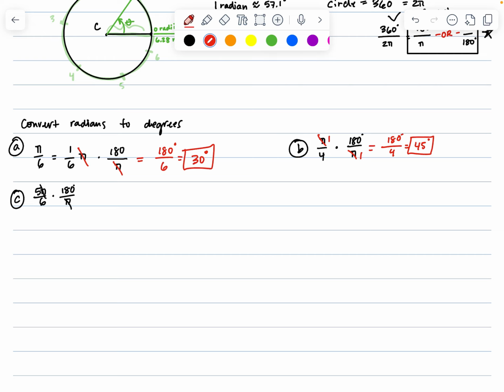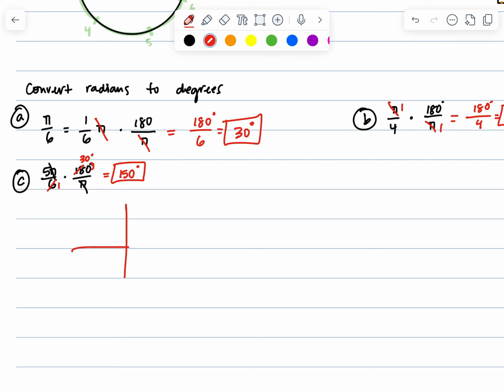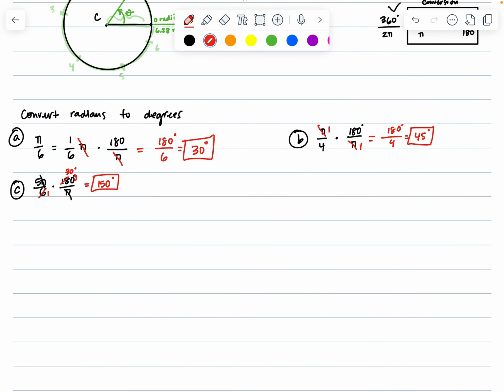And then we could actually start simplifying other places. 18 and 6. 6 goes into 18 3 times, so this is 30 degrees now, if you want to bring the 0 up. 6 becomes 1. 5 times 30 is 150. And that should also make sense because 6 pi is over here. It is a pi over 6 away, which we know is 30 degrees away. Okay? So that's pretty much what we do.